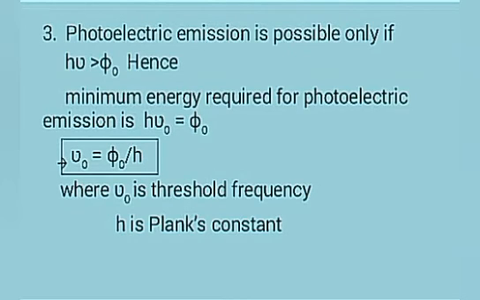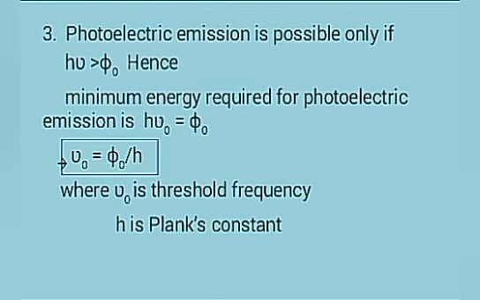Minimum energy required for photoelectric emission is phi naught. Will you agree? Yes. Actually, work function means the minimum energy required for an electron to escape from the metal surface. Hence, the minimum energy is phi naught. Then the minimum frequency can be written as nu naught.